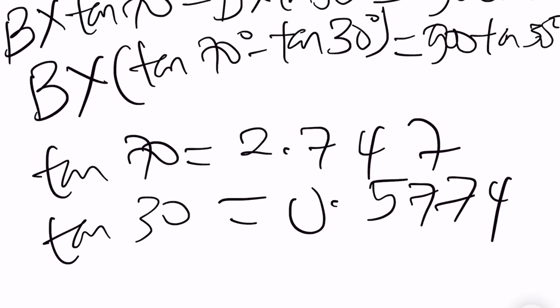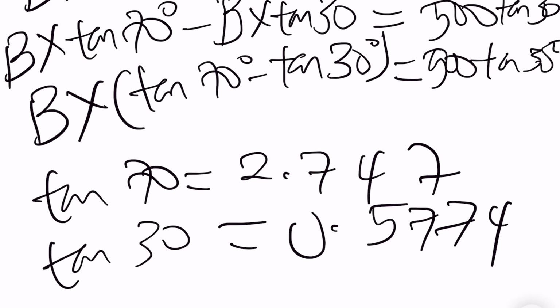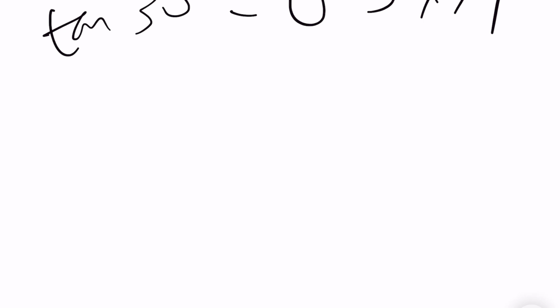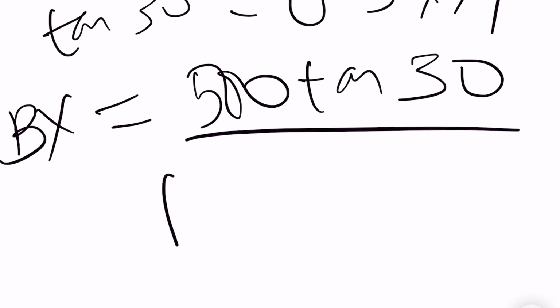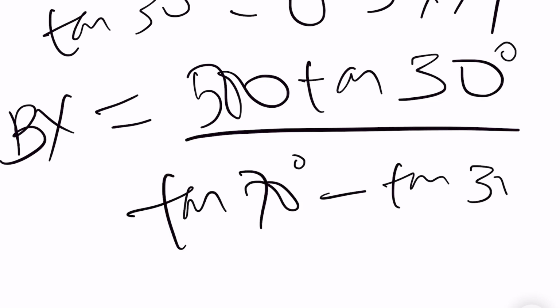So when we divide through by tan 70 minus tan 30, we have bx to be equals to 500 tan 30 over tan 70 degrees minus tan 30 degrees.